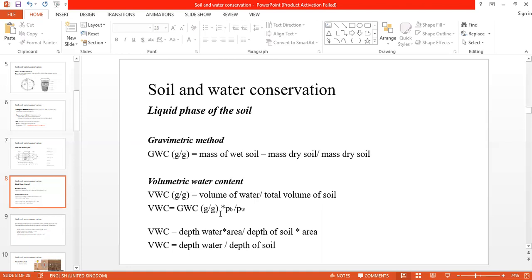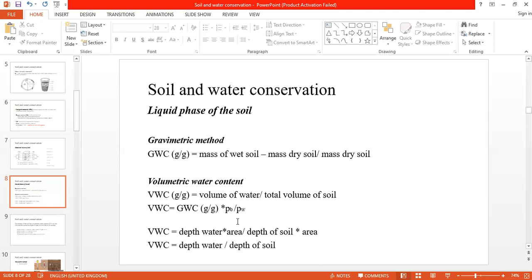Why gravimetric moisture content times bulk density will give you volumetric moisture content. Then again, this volumetric moisture content will be in volume units, for example, centimeter cubed over centimeter cubed. But when irrigating and measuring rainfall, we use depth. We just say 10 millimeters of water has been irrigated. So we want to reduce this volumetric water content to depth.